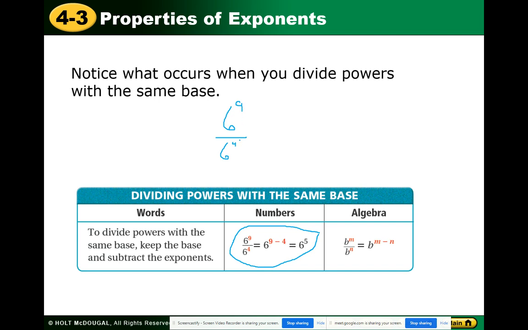Now we can think, if there's one on top and one on bottom, how many 6s would there be on top? Lucas? 9. All right, I'm drawing 9 6s. All right, how many 6s would there be on the bottom, Gavin?